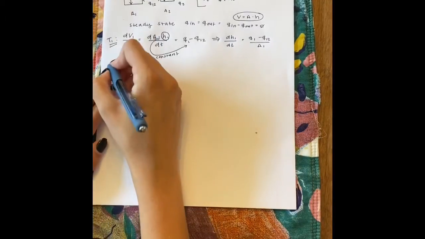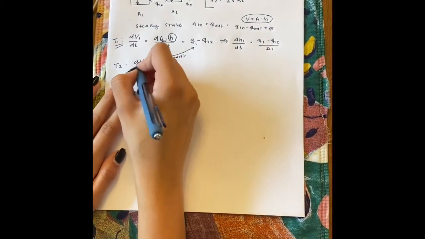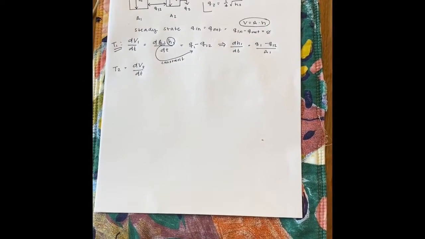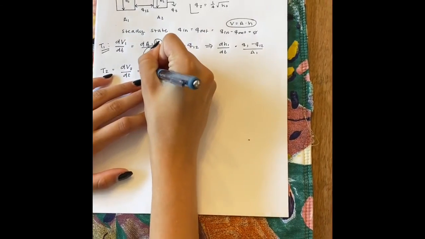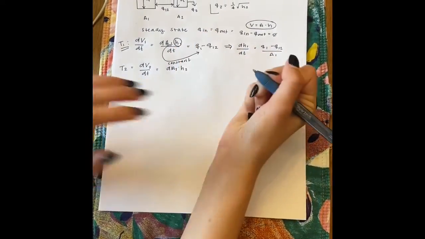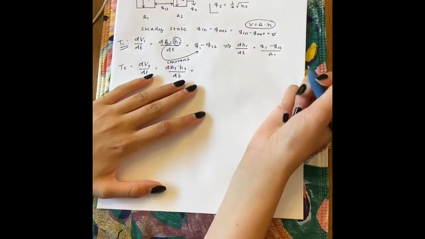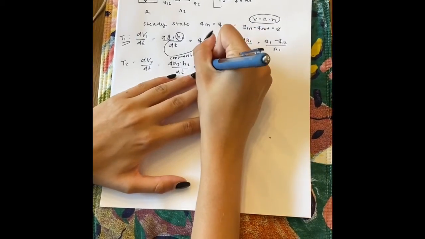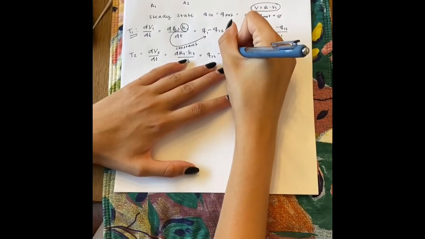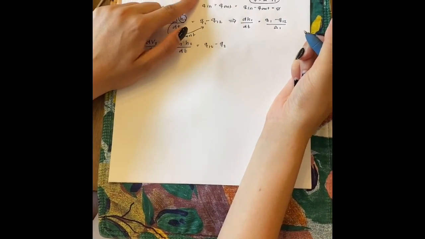And so now we just have to do the same thing for our tank 2. So our change in volume of tank 2 over time, as our fluid flows in and out, equals the change in area of tank 2 times the fluid height of tank 2 over time. And so the fluid coming in is from tank 1 minus the fluid coming out, which is whatever is exiting at the flow rate of Q2.